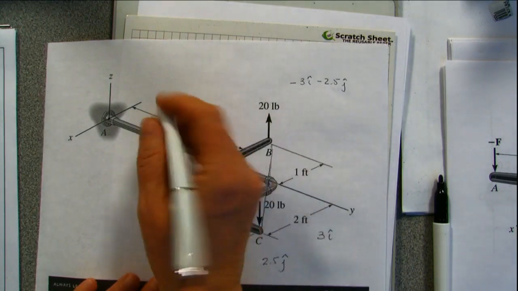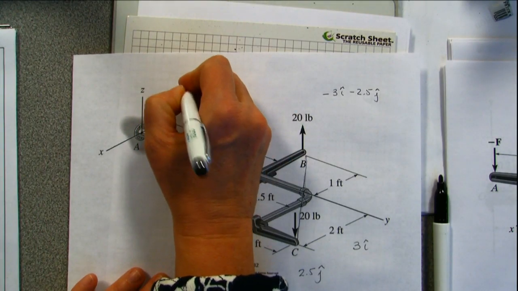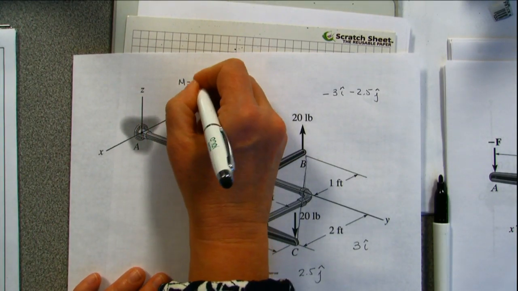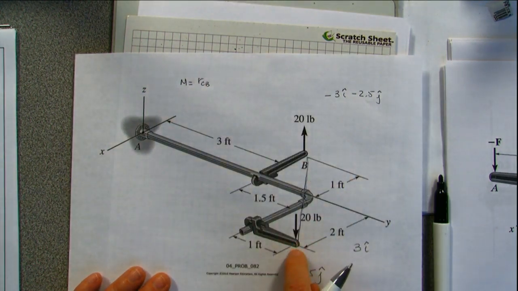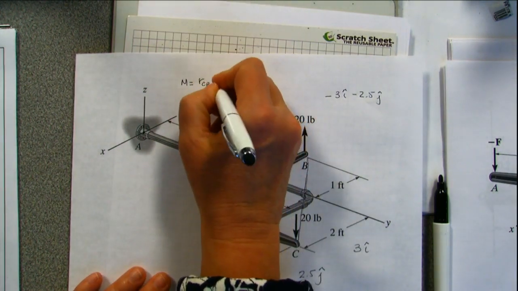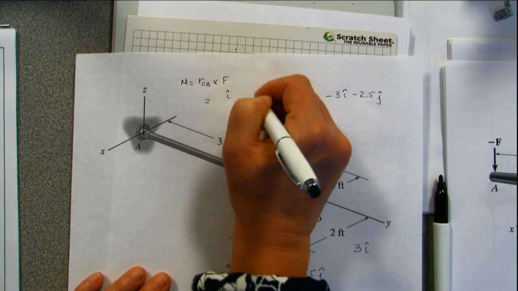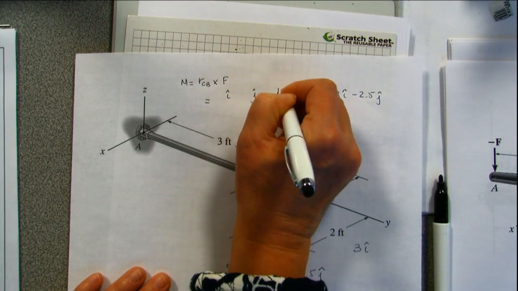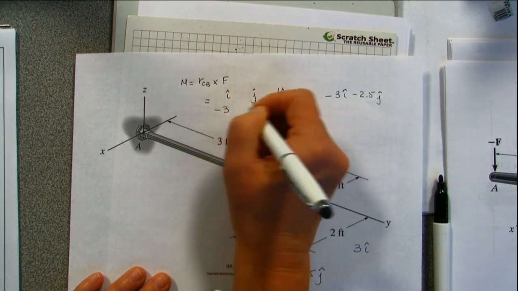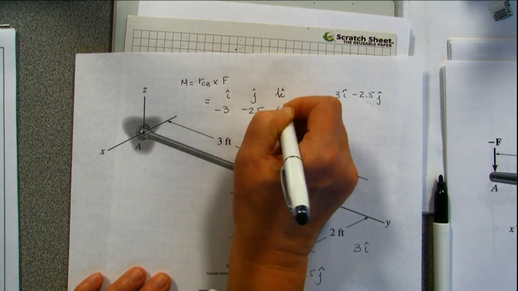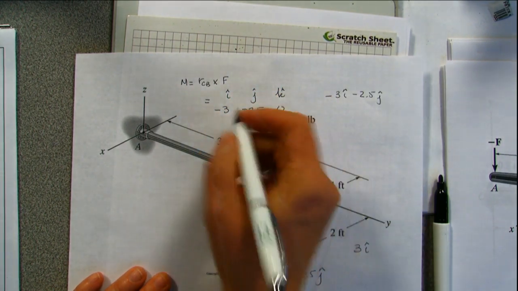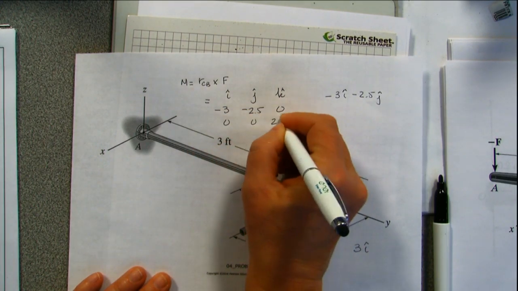But if I do that, then I get M, the moment couple, is RCB, which is what we did. We did RCB crossed F. It's going to be I, J, K, minus 3, minus 2.5, 0, and that's a 20 in the other direction. There's my 20.